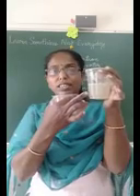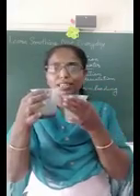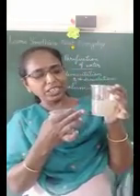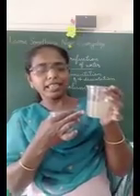Now I have separated the clear water into another container and the settled impurities in another glass. After sedimentation, we do decantation to separate the clear water and the sediment.